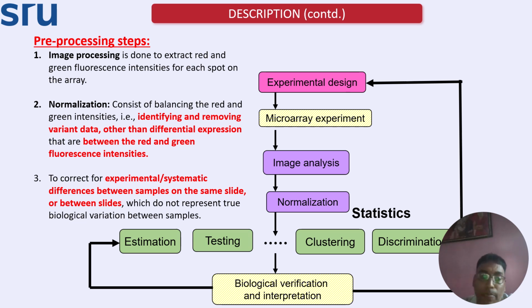We don't consider them. Then we correct for the experimental error and the systematic differences between samples on the same slide. If some samples have undergone experimental error, the values typically change.